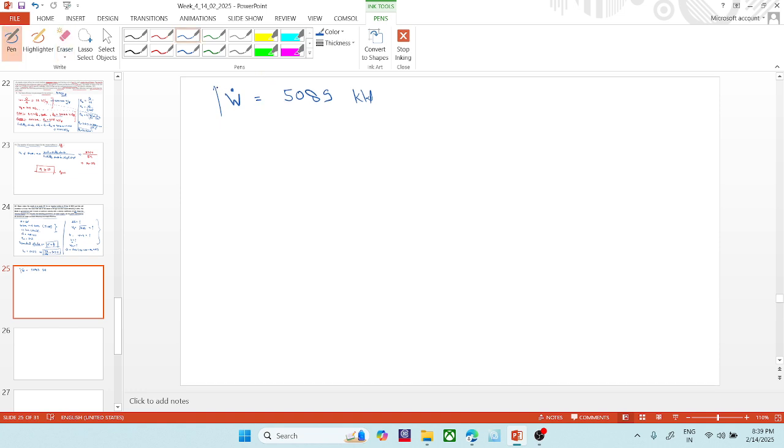And once we got this power value, then next thing is to determine the blade efficiency. Eta b, we can simply determine as the ratio of W dot by half M dot Vs1 square, and this value will come out to be around 87%.